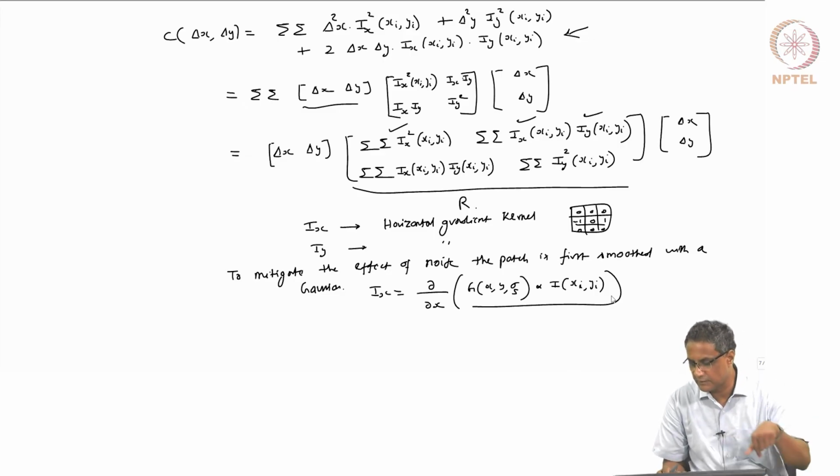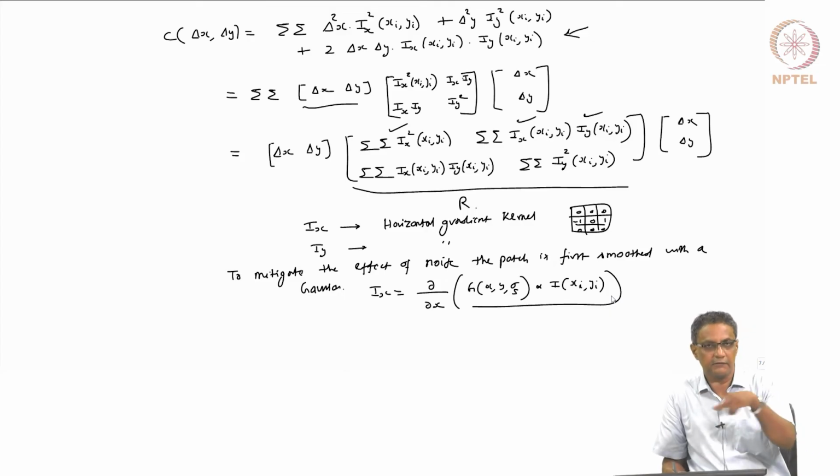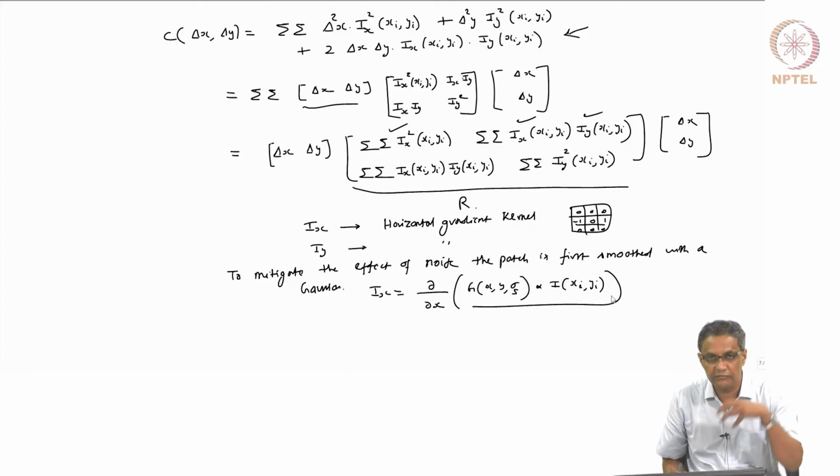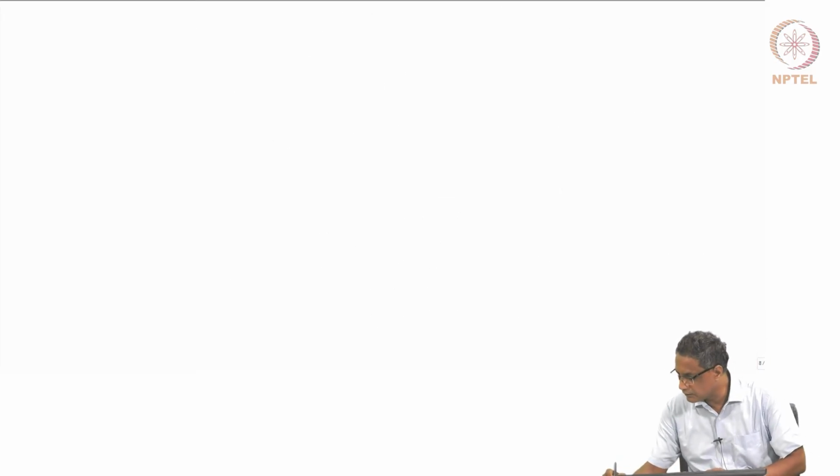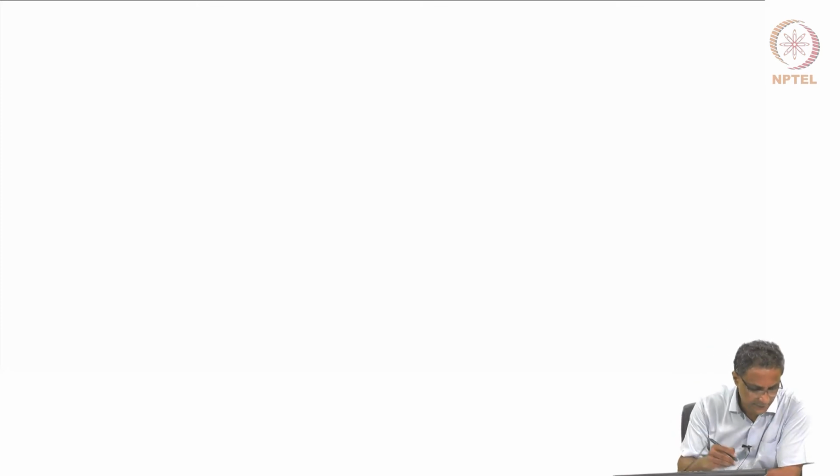Instead of weighting everything uniformly, you have a non-uniform weightage coming from the smoothness through a Gaussian. Similarly for Iy you have something similar. Then also to give more weightage to the point in the middle of the patch, there is one more Gaussian. So there will be some hyperparameters that come in because of all this.